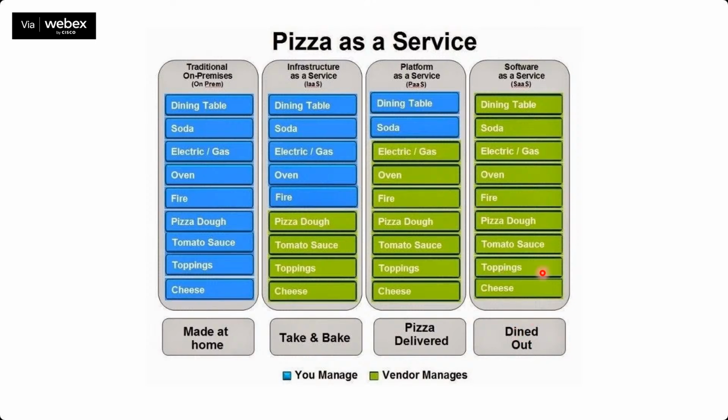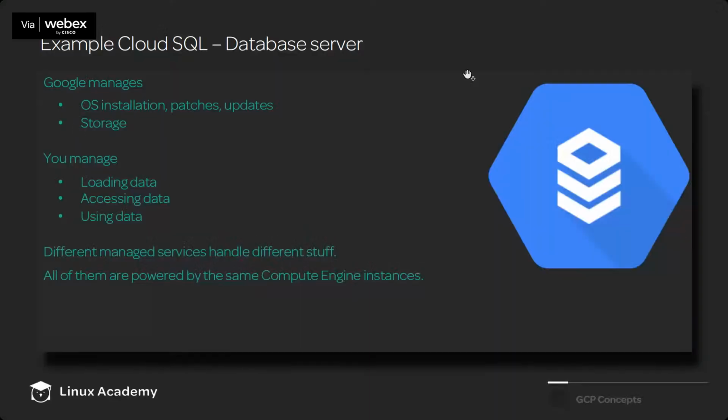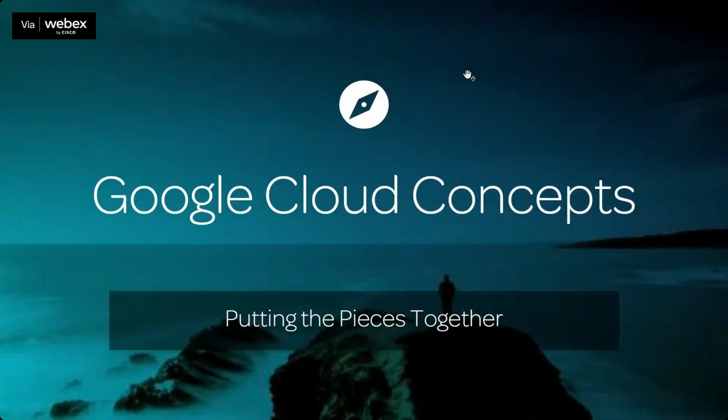And then finally, the dining out option is where the SaaS comes in, where you can just go to a restaurant and eat. The table and soda and everything, nothing has to be yours. All you have to do is just go and eat, right? So I just wanted to bring this slide in to explain this concept of managed services.